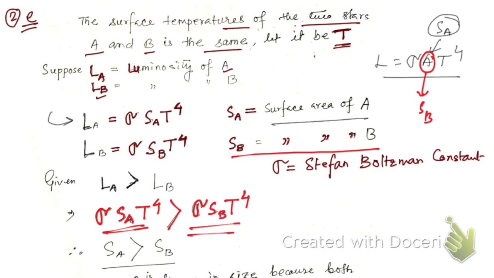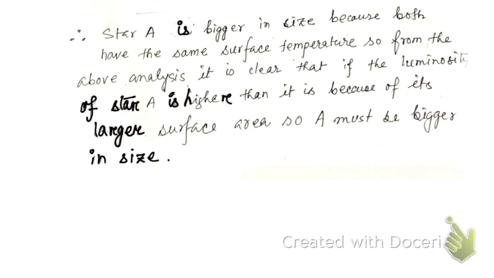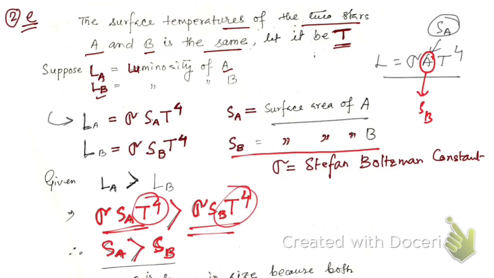From this, this implies that the surface area of A is greater than the surface area of star B, right? So here I have written that star A is bigger in size because both have the same surface temperature.